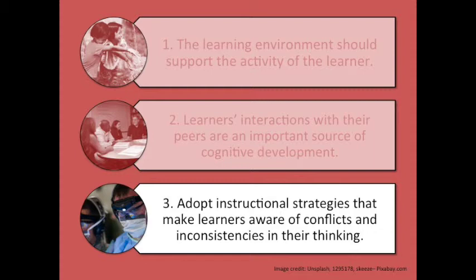3. Adopt instructional strategies that make learners aware of conflicts and inconsistencies in their thinking. Stemming from Piaget's notion of equilibration, helping learners identify incomplete or faulty thinking will enable them to assimilate new information into their existing cognitive structures and adjust, that is, accommodate, those structures to be able to move to the next developmental stage.